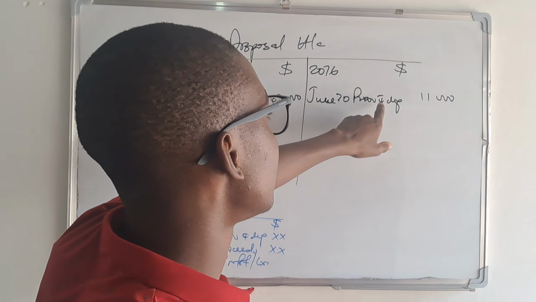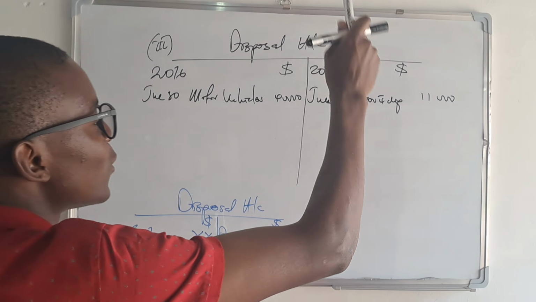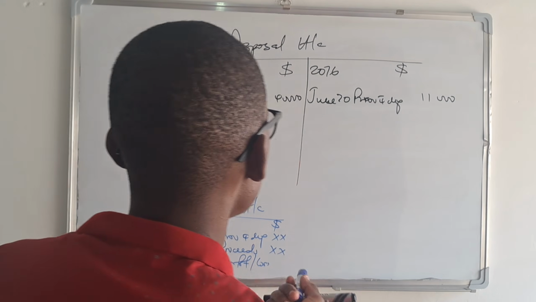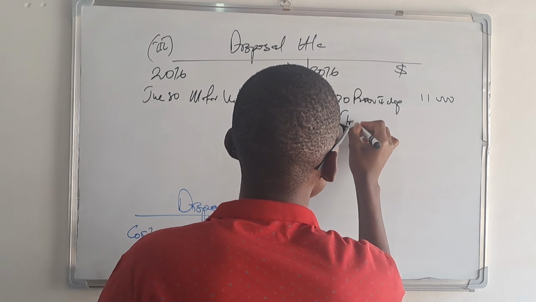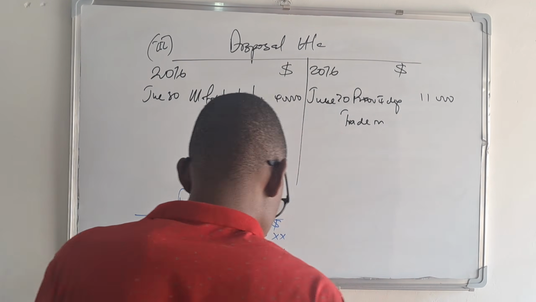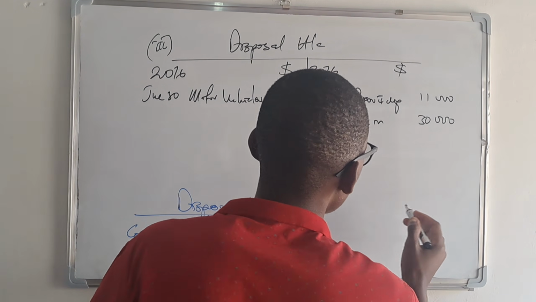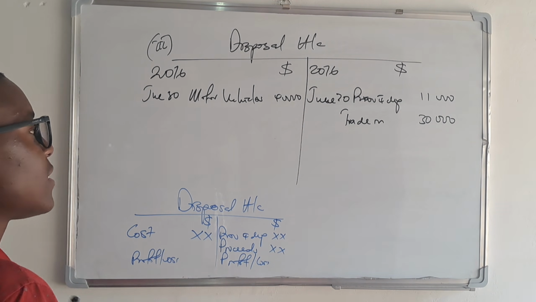In this case, you are going to record the provision for depreciation of 11,000, the accumulated depreciation from the date it was purchased to the date it was traded in or sold. Then you record the trade-in value. In this case, you are going to record the trade-in value of $30,000, not 50,000. You record $30,000.